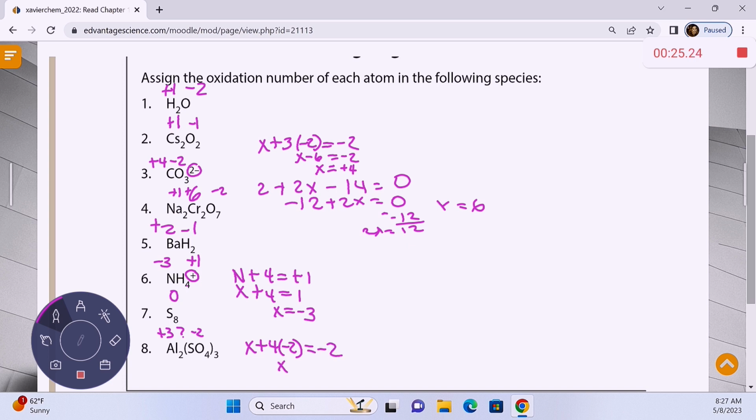So this is X minus 8 is -2. So what would X be? 6. So sulfur has an oxidation number of plus 6, because that's a polyatomic ion within a compound. Any questions on this before I go on?